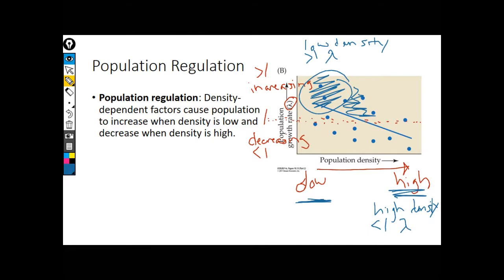I want to slow that growth rate down, right? We're starting to run out of room. Okay. We're really close together. Disease is going to spread easier. We're getting picked off easier by predators. Individuals are starting to leave our group. Our birth rates are being depressed.